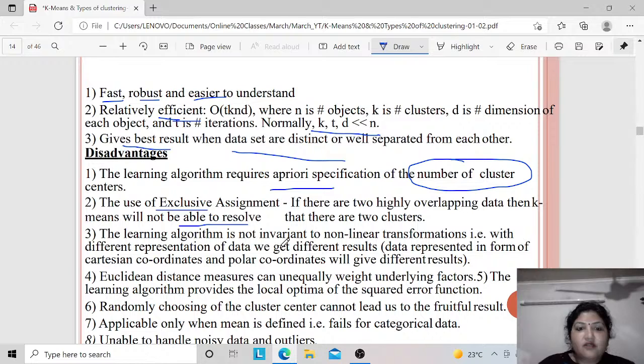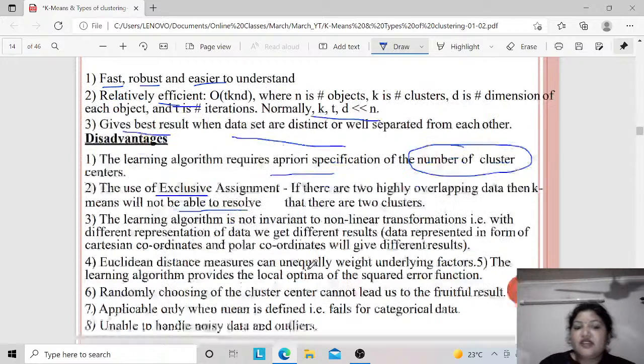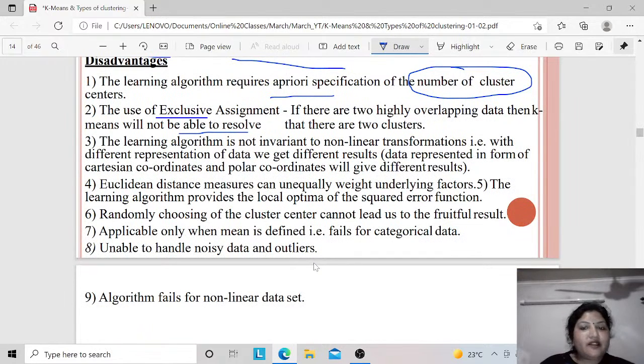The learning algorithm is not invariant to non-linear transformation. With different representation of data, we get different results. So yes, this would be a disadvantage. Euclidean distance measure can unequally weight underlying factors, right? So yes, it would be taken as one of the disadvantages.